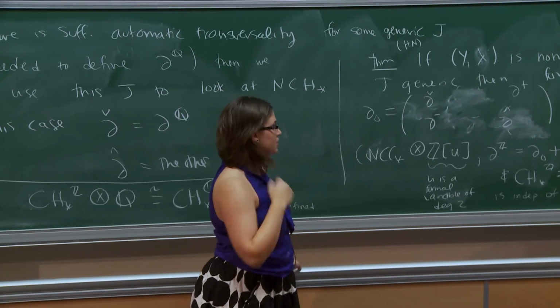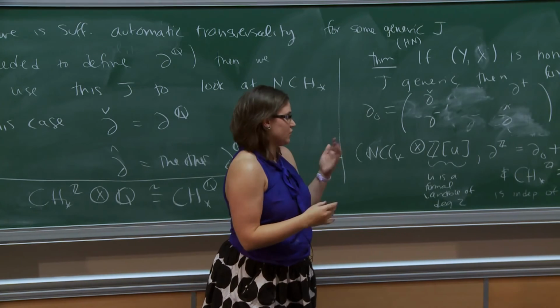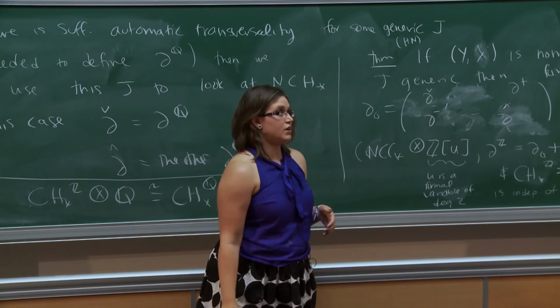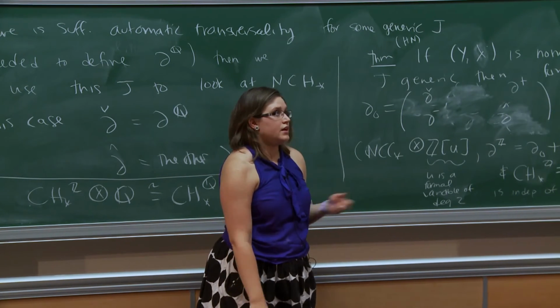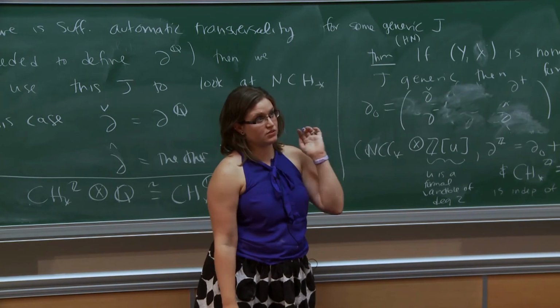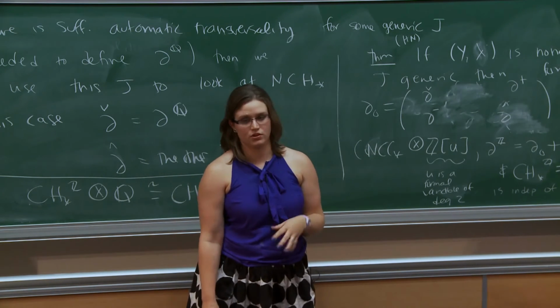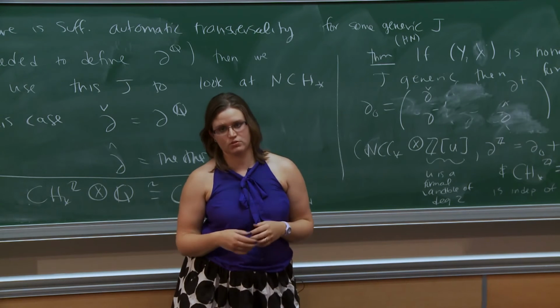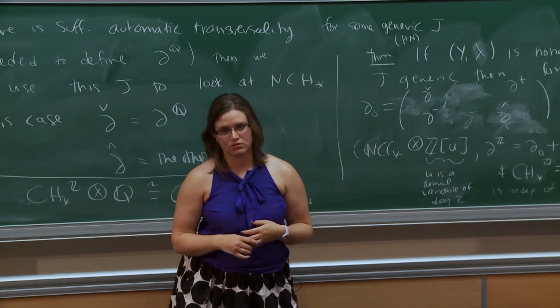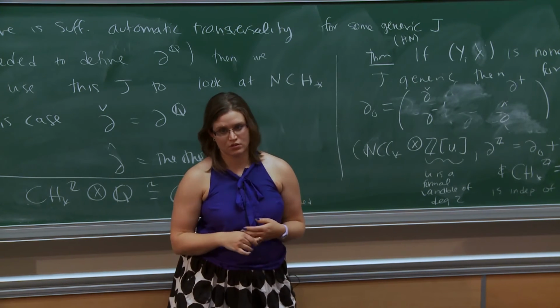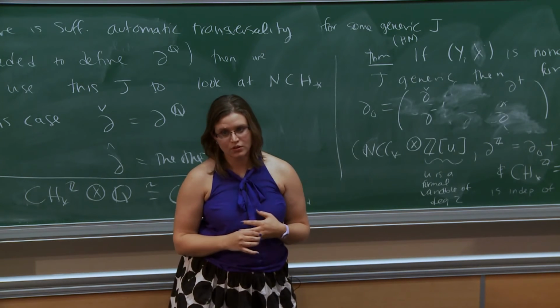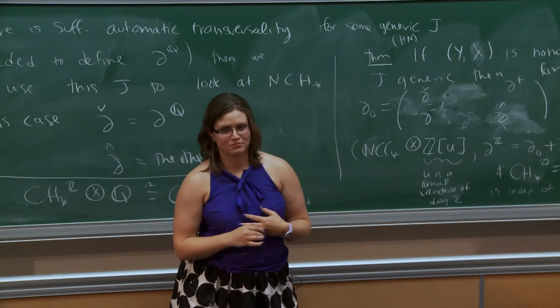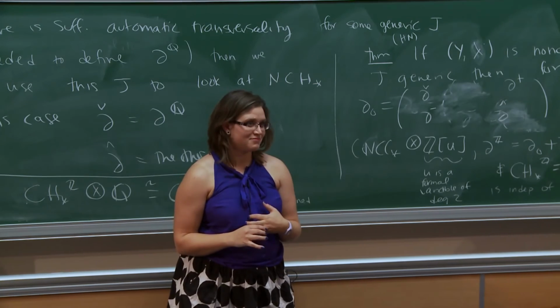For lens spaces, L(n+1, n), you have n copies of Q in dimension 0 and n+1 copies of Q in every even dimension that's greater than or equal to 2. Any more computation requests?